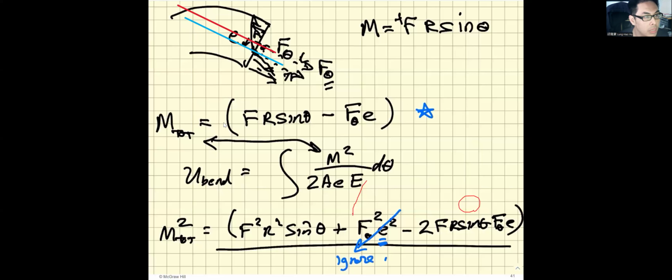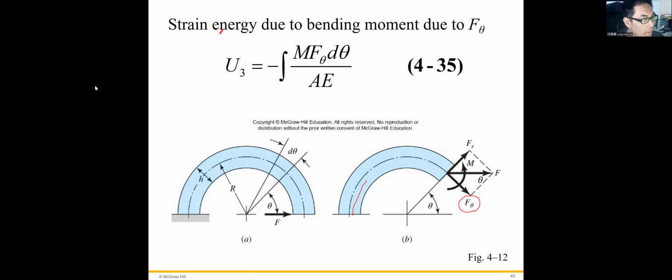Let's go back to this. There's a neutral axis right here. This is the neutral axis, so there's an eccentricity distance from the centroid axis. Suppose this is the NA, the neutral axis. So there's the other moment due to this eccentricity e.